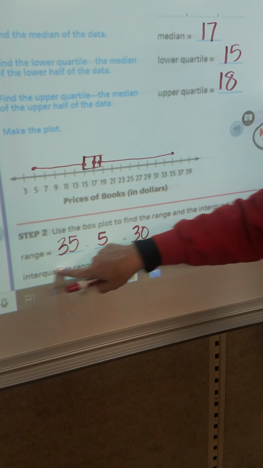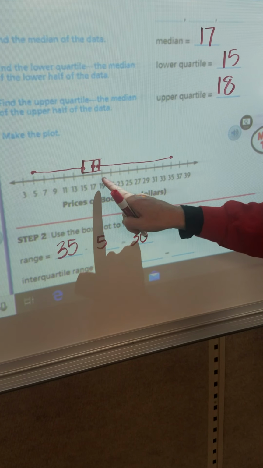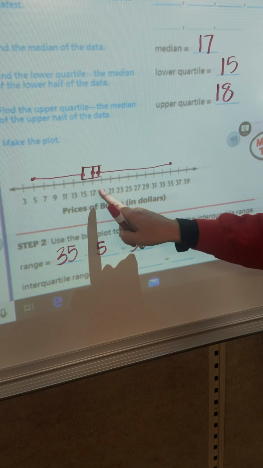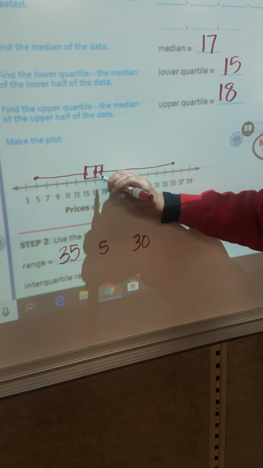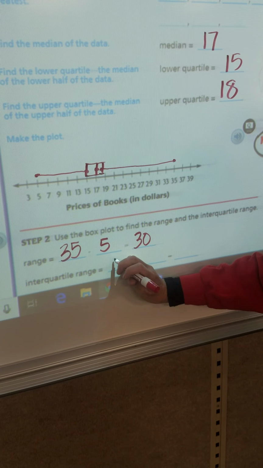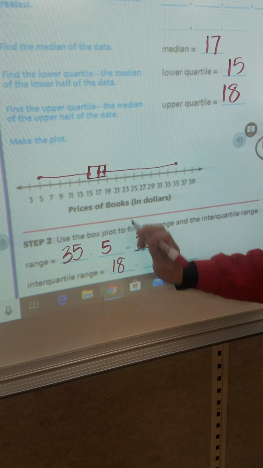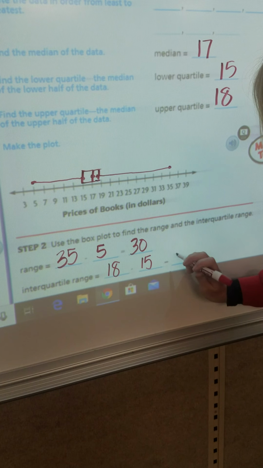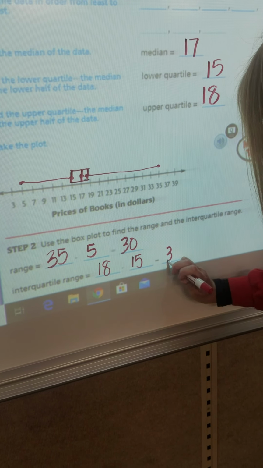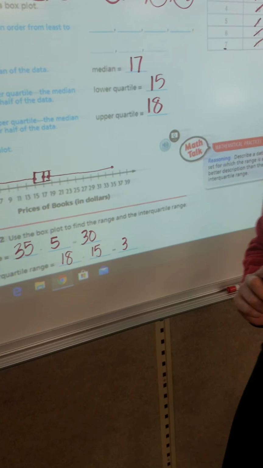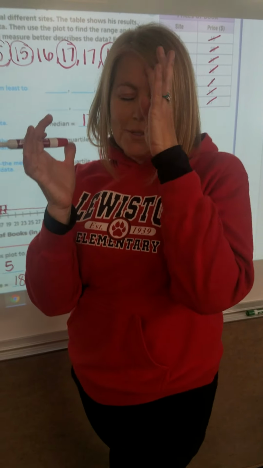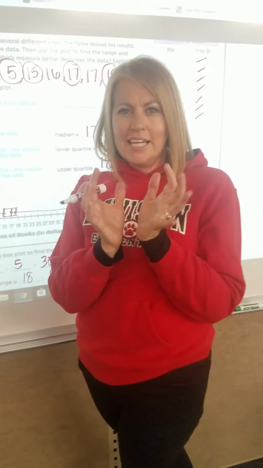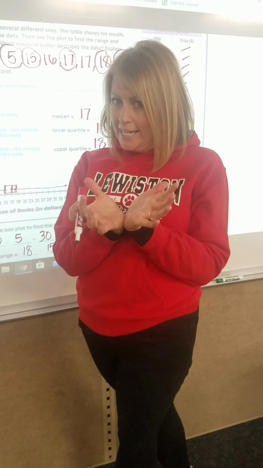The interquartile range, though, is our upper quartile, right there, 18, minus our lower quartile, 15, which equals 3. Okay, so that middle 50% of data only had variability of 3.